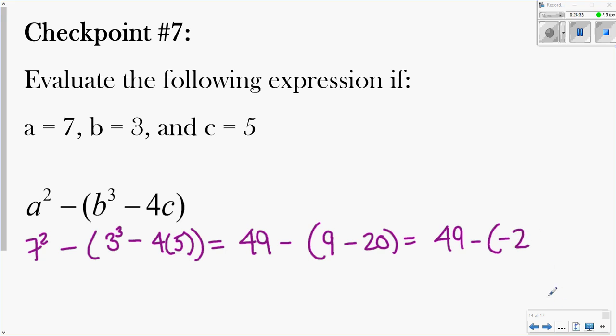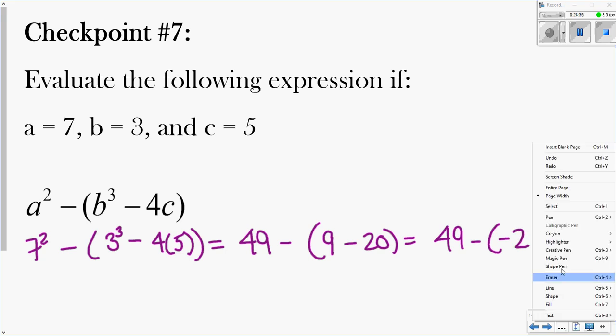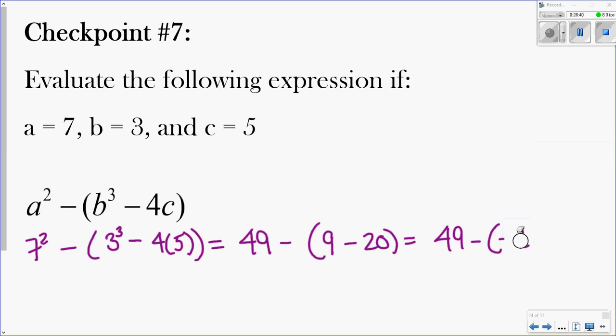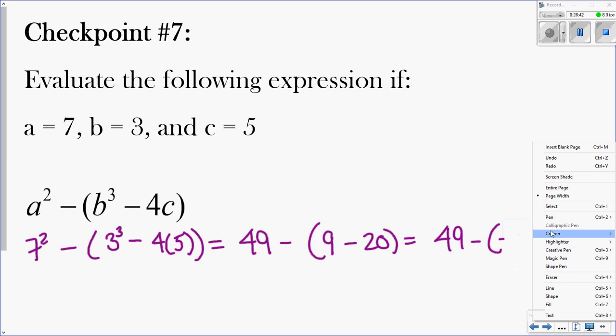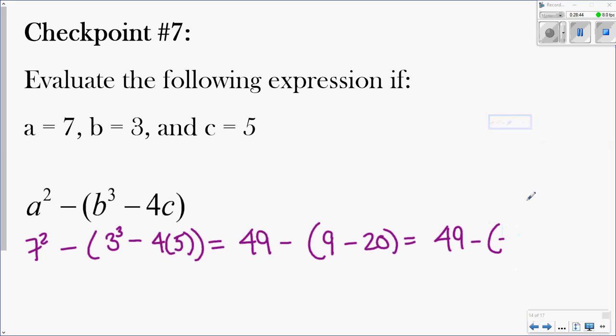Actually, not 21, 11. I'm going super fast over here. All right. 11. And then we have to do the distributive property, or a negative times a negative gives you a positive.